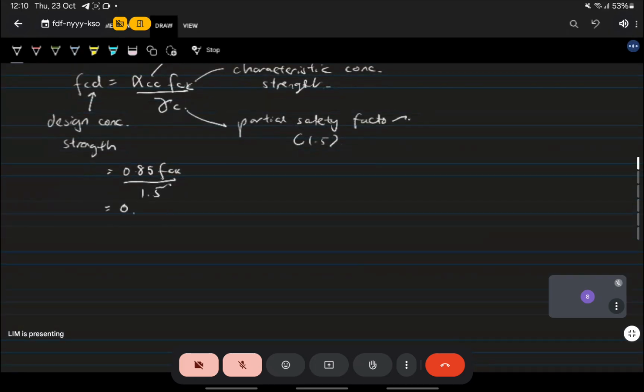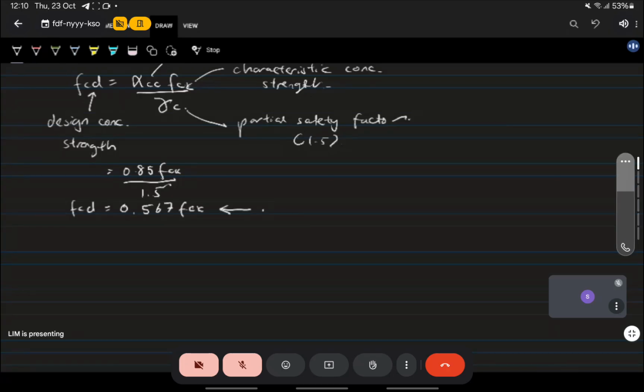Simplified, you divide 0.85 by 1.5, you get 0.567 FCK. Remember this. Keep this formula in mind. FCD equals 0.567 FCK. This is basically the relationship between FCD and FCK.